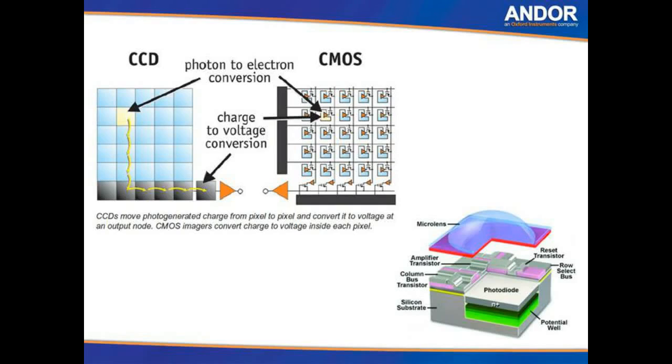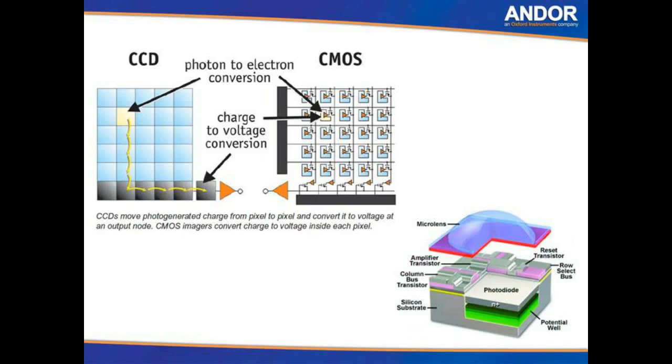In terms of the difference between sCMOS and CCD, the CCD chip is a lot slower than the sCMOS chip. It's also got a higher read noise associated with it. If you look at this diagram here, the CCD chip is on the left-hand side and the CMOS chip is on the right-hand side.